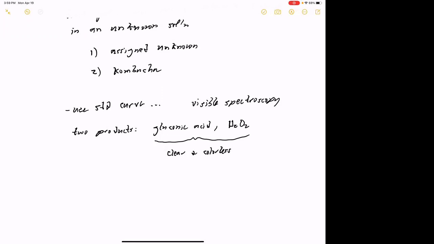Okay, that's a problem. So in the case of the iron analysis, how did I get around that problem using visible spectroscopy? We used an indicator. Well, sort of, yeah. We used kind of like an indicator. So we used this thing called 1,10 phenanthroline, which you're correct, it is an indicator. You can actually use it as such because it has acid-base properties.